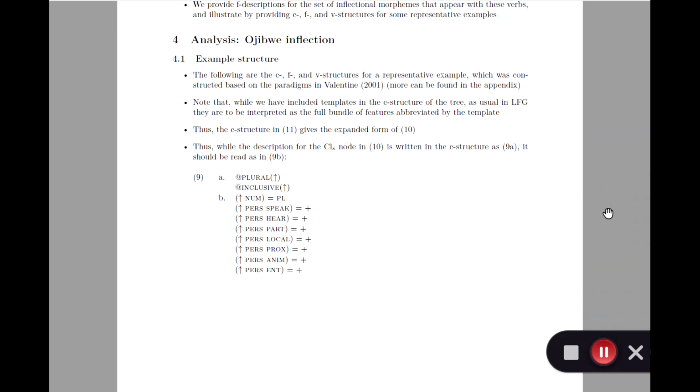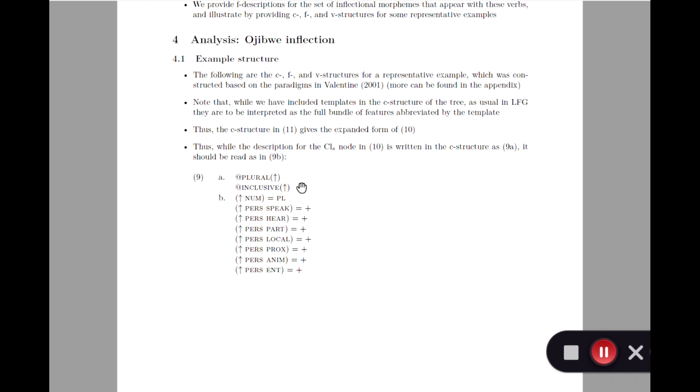In order to discuss our analysis, first I'll give you an example of some of the C structures, F structures, and S structures for a representative example, which shows most of the things that we're going to be incorporating here. And this analysis involves the LFG mechanism of templates, where a template called like this, @inclusive, is standing in for a potentially quite a bit longer F description.